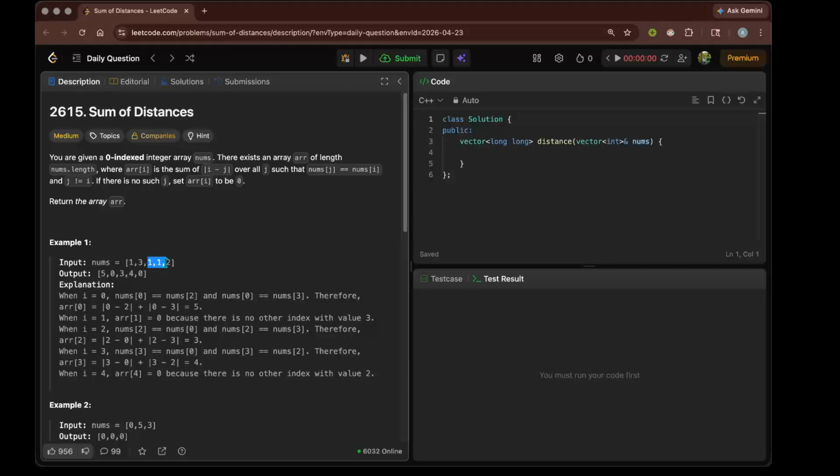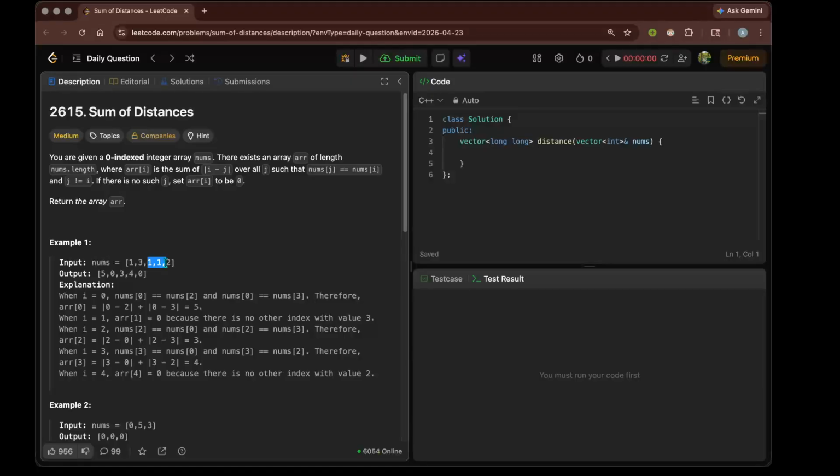So for 1 we would store 0, 2 and 3. With 0, how much distance? With 0, with 2, with 3, we'll get the answer and store it in the array. For 3, there is none, so we'll store 0.